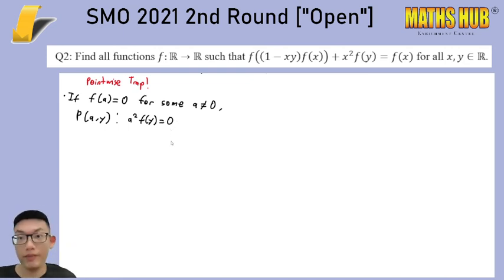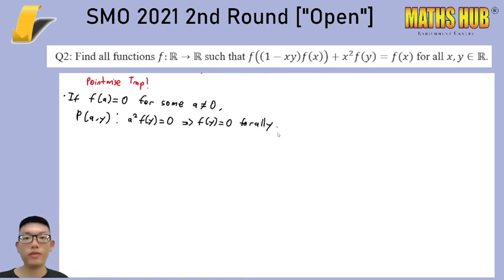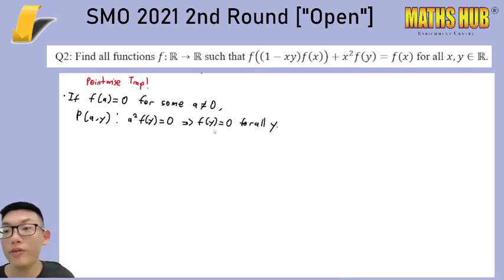Clearly, this simply means that f(y) is 0 everywhere else. So that is one case, which means that if it's 0 anywhere, then it's 0 everywhere.